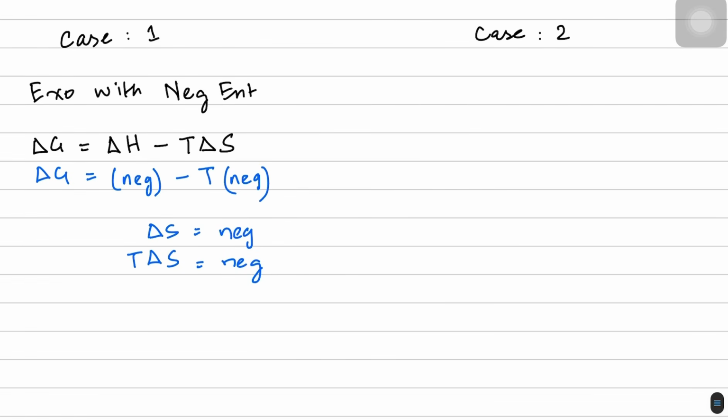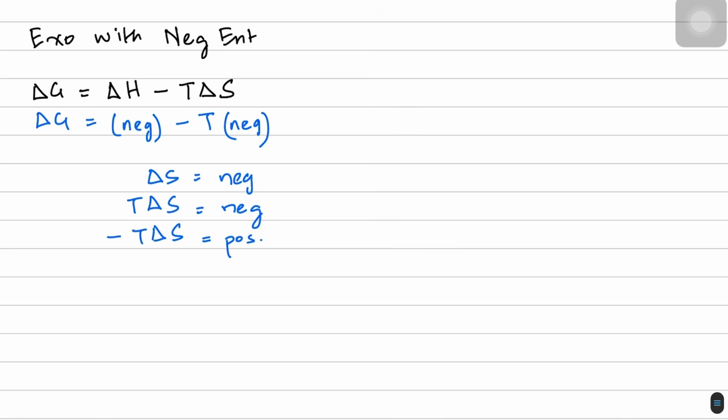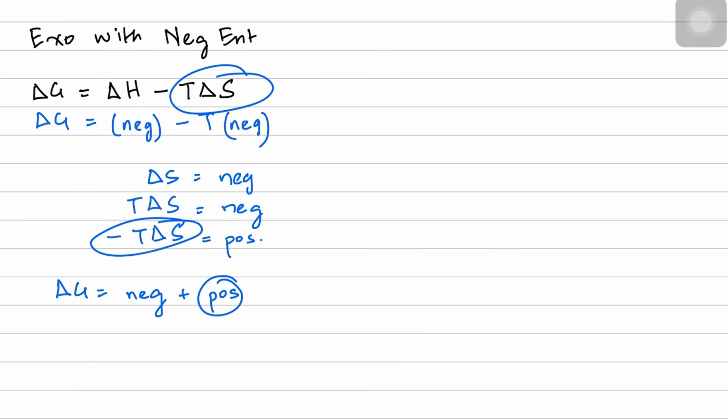But minus T delta S becomes a positive value because there is a minus in the equation. And because of this positive value, you can expect that negative enthalpy is now in the same equation with a positive T delta S value, because I have put this positive here like this.